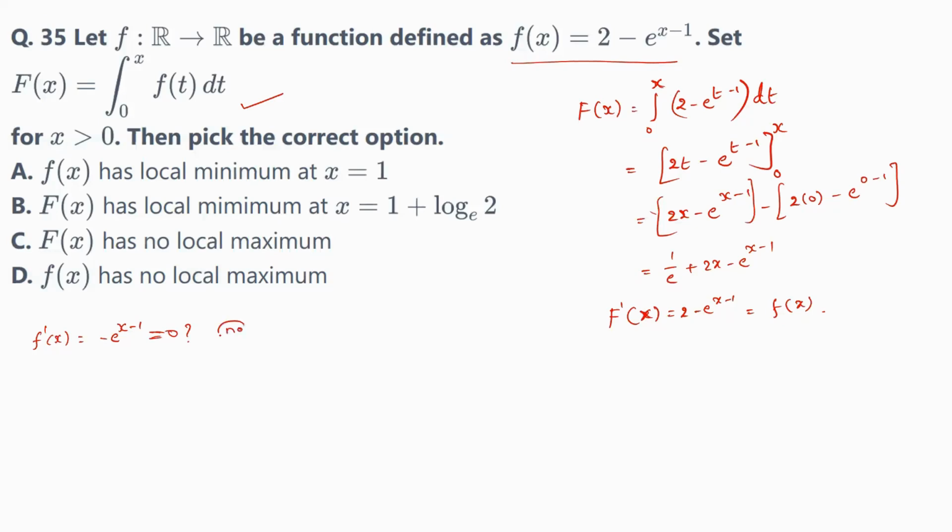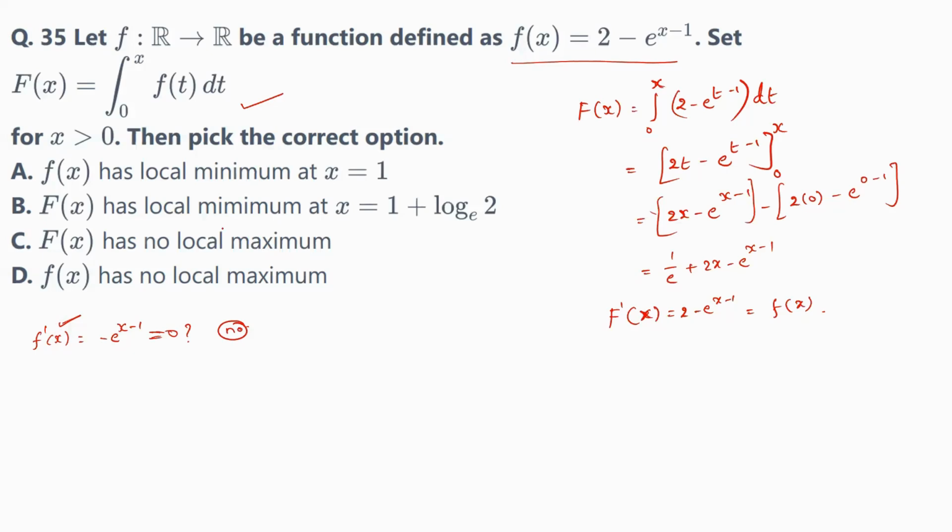No. So we can rule out a local minimum or local maximum. We can rule out a maximum or minimum for this. Even if there is a local minimum, your f dash x should be 0.